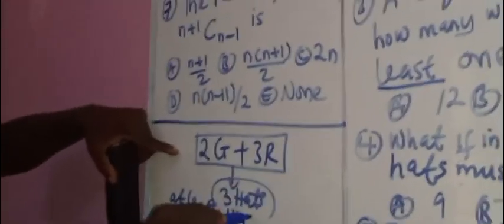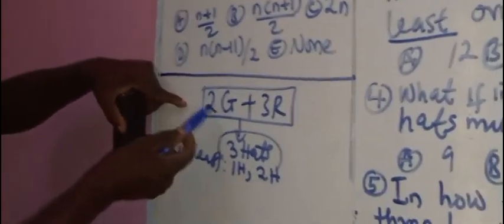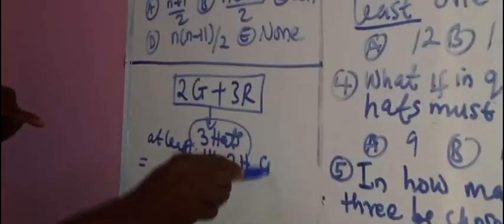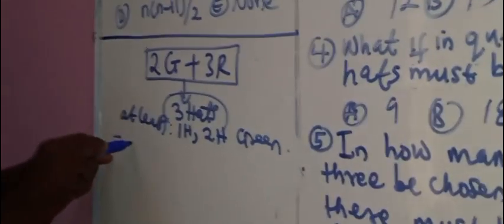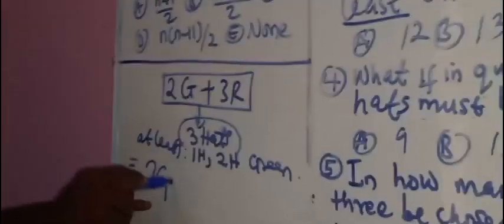So let's see. Don't forget the use of the word at least. It means at least we have one heart, 2 hearts, or 3 hearts, but there are no 3 green hearts here because we have a maximum of 2 green. So out of the two green, picking one is possible: 2 combination 1 times.